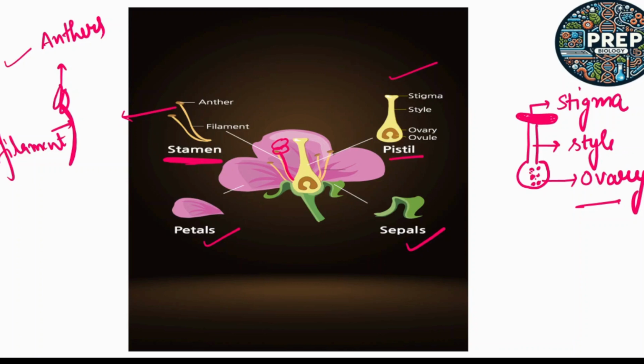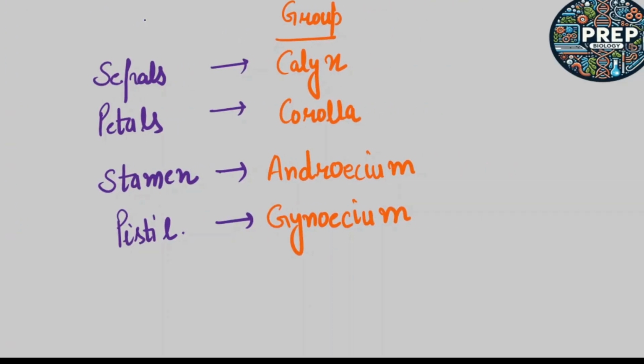Inside the ovary, we have the female gametophytic organ that is called the ovule, which helps in reproduction. And collectively this part is called the pistil or carpel. Am I clear? Now, let's discuss some important terms.